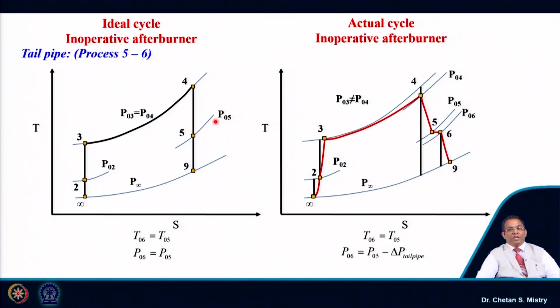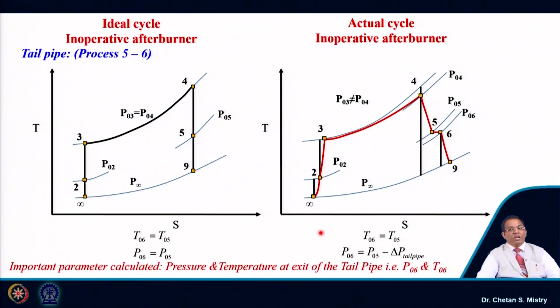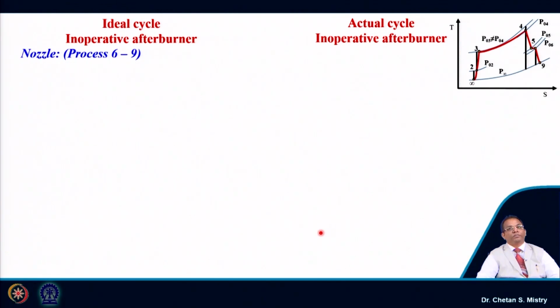So, here my P06 will be equal to P05 minus the pressure drop in the tailpipe. This also will be in the range of 2 to 5%. Now, we are able to calculate the properties at the exit of our tailpipe.